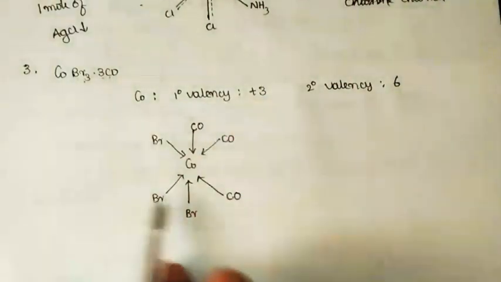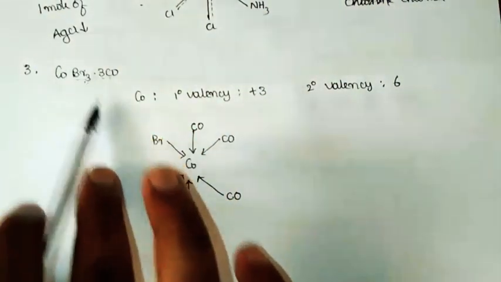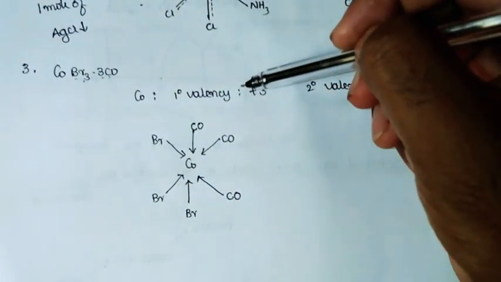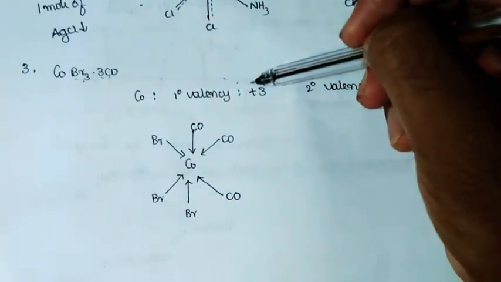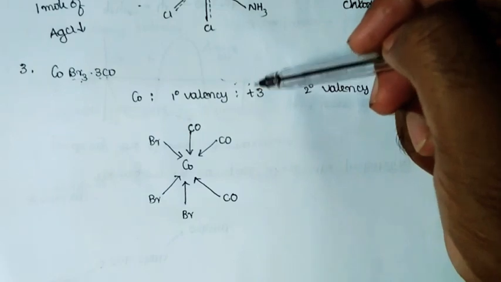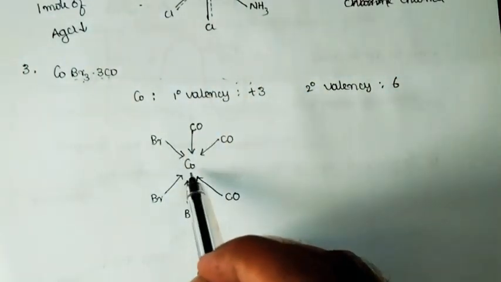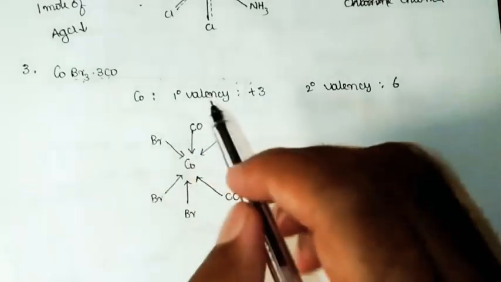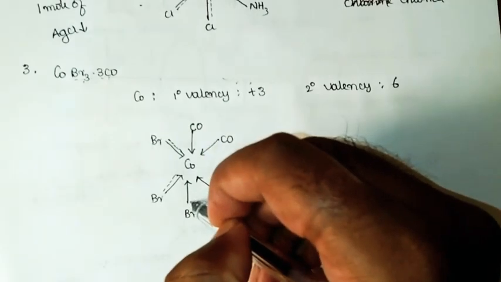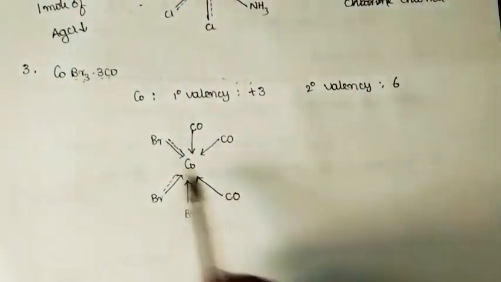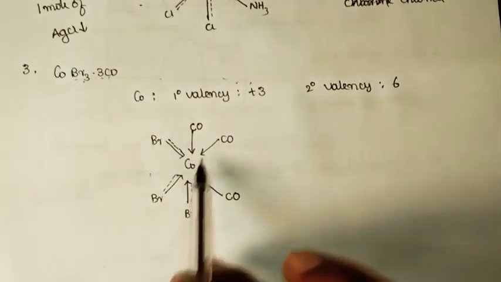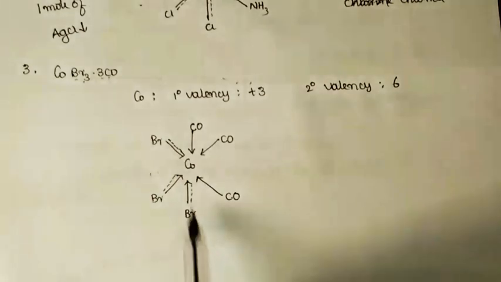So the secondary valency is completely satisfied and all the constitutional components have been accommodated at the 6 vertices of the octahedron. And now we shall go with primary valency. The primary valency of the cobalt is +3. So in order to satisfy these 3 positive charges, there should be 3 negative charges around this cobalt. So here is 1 bromine, 1, 2, 3. So these 3 bromides are satisfying the primary valency of the cobalt.